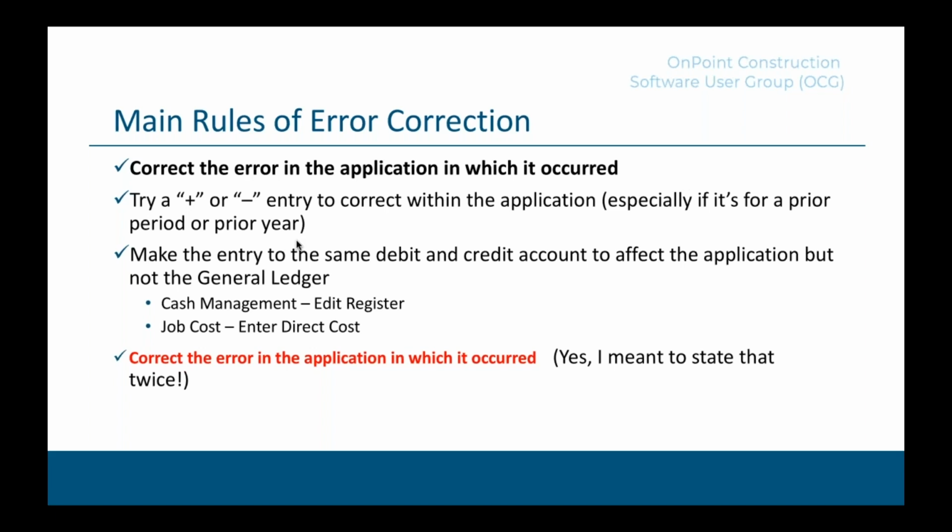So if you did something in job cost and everything was okay in the general ledger, but not in job cost, you could do it to where it doesn't truly affect, it's an in and out in the general ledger, but it does fix something in job cost.